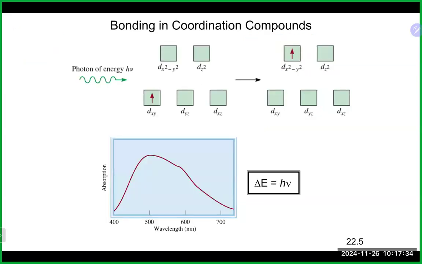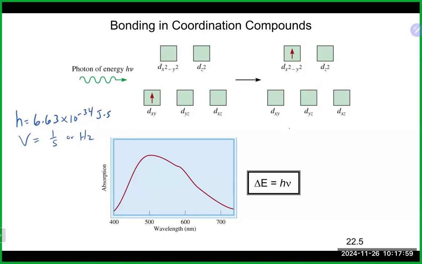So we can calculate the crystal field splitting with an equation you should be familiar with from Chem 50. That's energy equals h times frequency. h is Planck's constant, 6.63 times 10 to the minus 34 joule seconds, and this is our frequency in hertz, or reciprocal seconds.